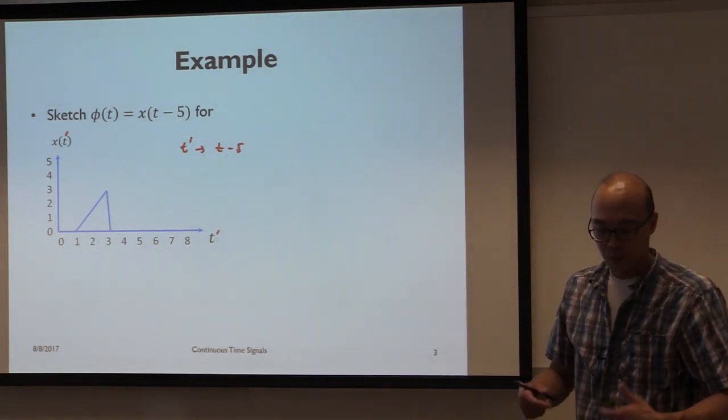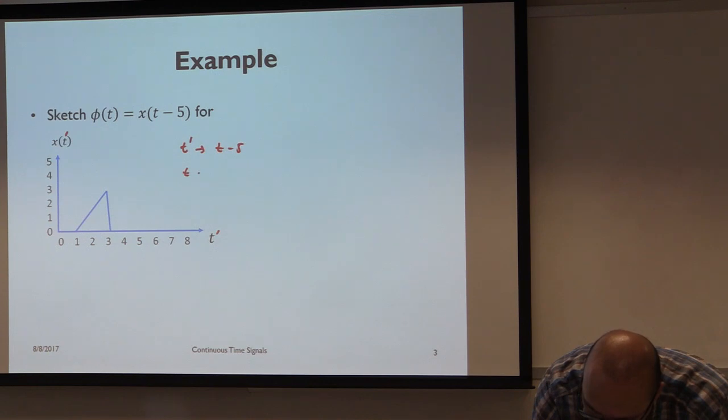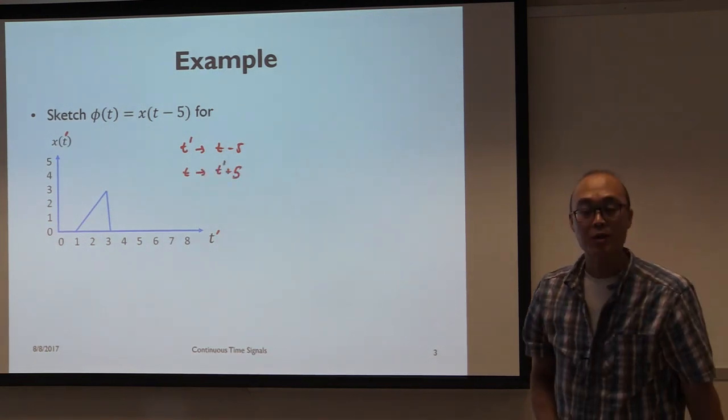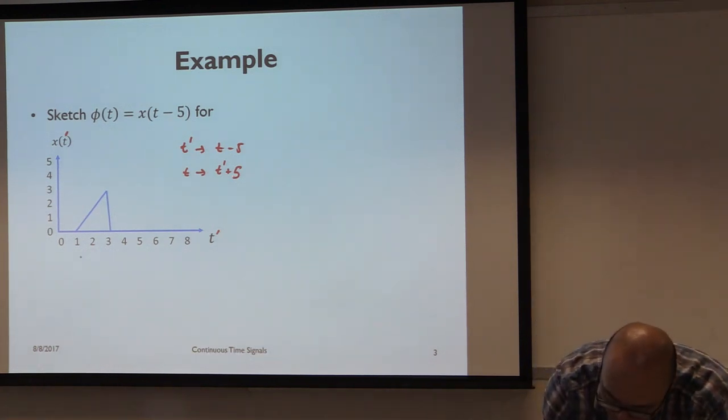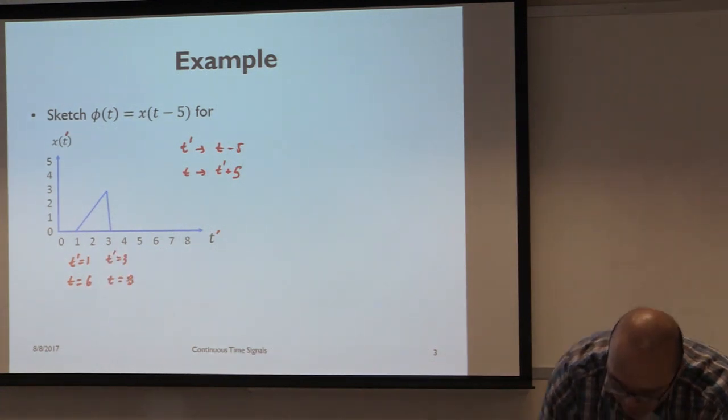So for our new signal phi of t, our variable t is simply going to be given by t prime plus 5. In this particular case, if this t prime value here is equal to 1, then t is going to be equal to 6. Here, if t prime is equal to 3, t is going to be equal to 8.